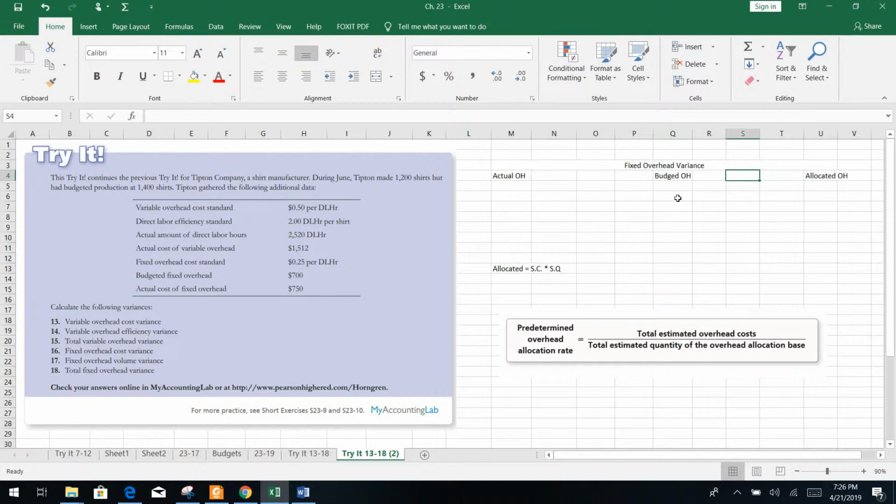Okay, the difference between budgeted and allocated is the volume variance, and the difference between the actual and the budgeted is the cost variance.